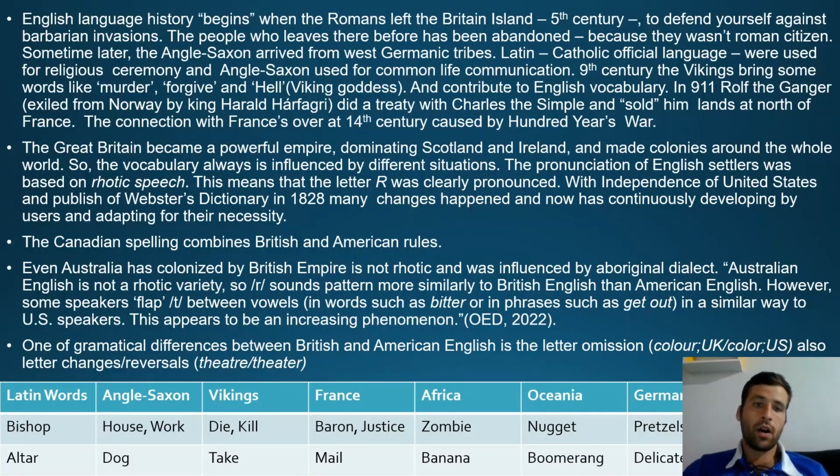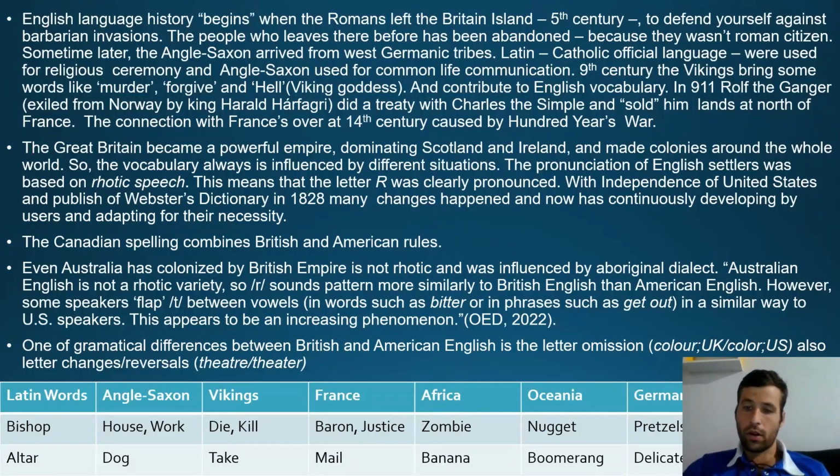So the vocabulary is always influenced by different situations. The Canadian spelling combines British and American rules. Even Australia was colonized by the British Empire, is not rhotic, and was influenced by Aboriginal dialects. One of the grammatical differences between British and American English is letter omission.